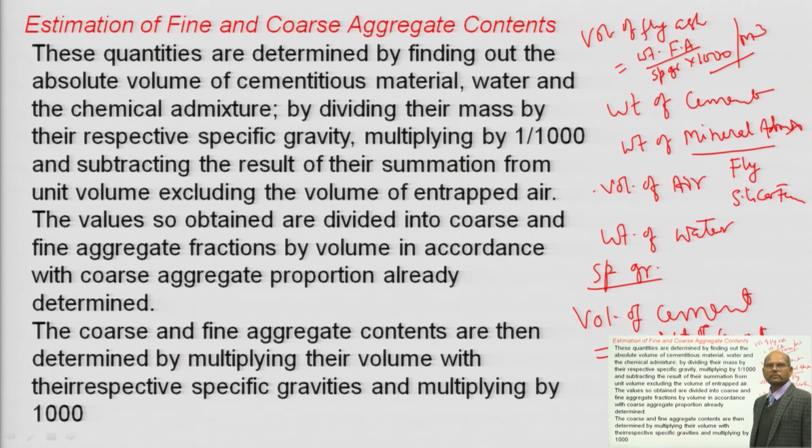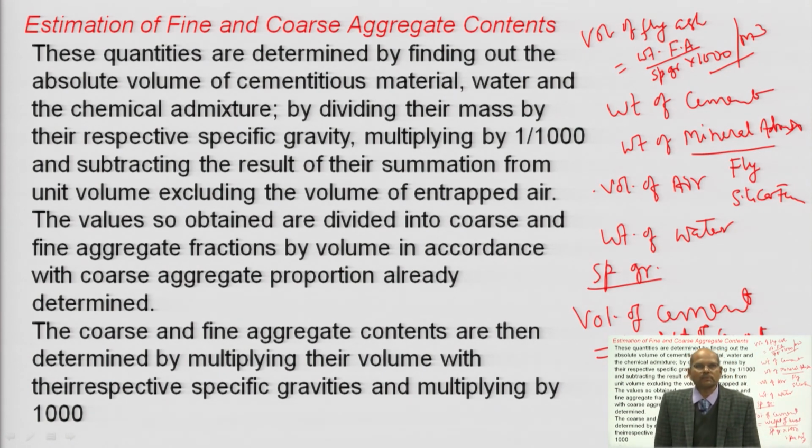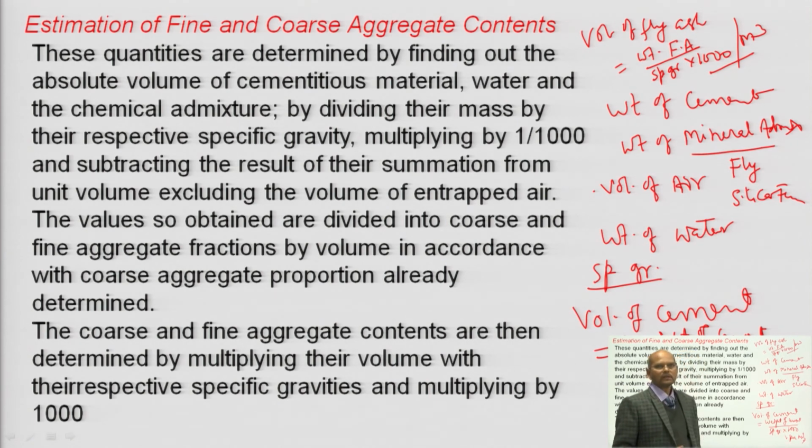Similarly, you want the volume of silica fume. Let us say we have silica fume. So, once again, the weight of silica fume divided by the specific gravity of silica fume, divided by 1000. So, all these quantities are known. So, then what do we have to do? What is the total volume of aggregate? That you can calculate.